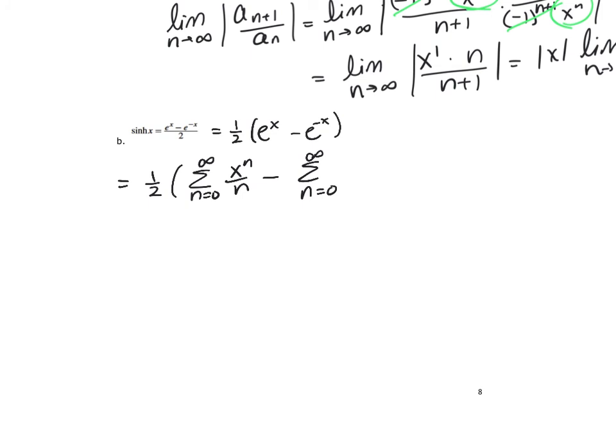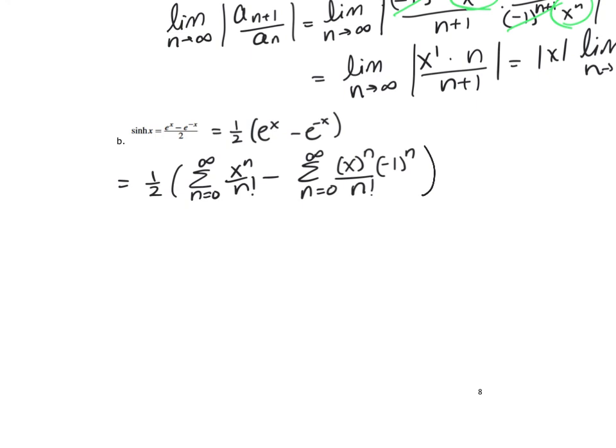Now, the fact that I have this negative x, then this is going to be x raised to the n divided by n factorial, and this is n factorial too. Helps if I pay attention. But because my x is really a, quote, negative x, I do have to make that adjustment by raising it to negative 1. Let's kind of clean this up just a little bit.